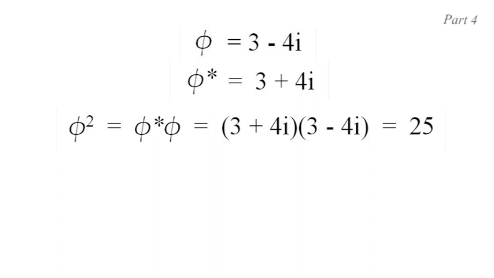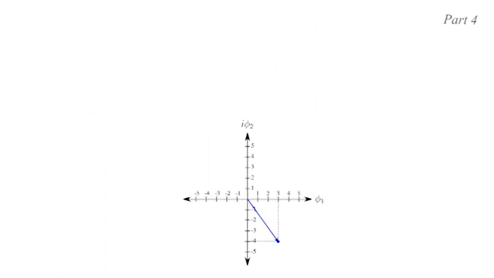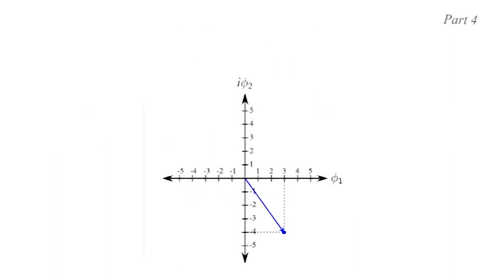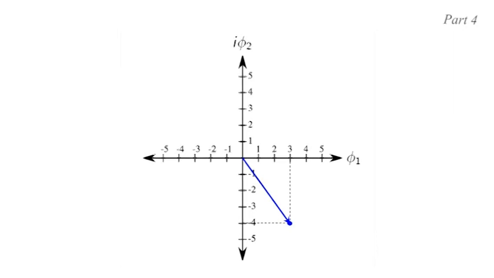You can probably see by comparing this with the diagram that because the i terms disappear, the square of what you might call the radius is equal to the sum of the squares of the real and imaginary parts, 3 squared plus 4 squared. In fact, the whole thing is just Pythagoras.